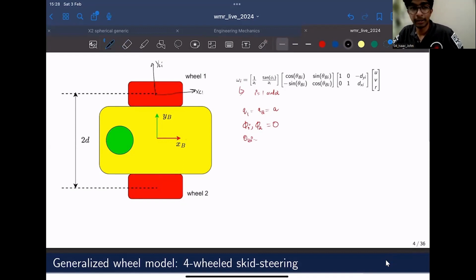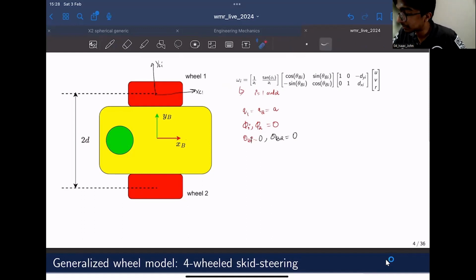Since there is no apparent orientational difference between the C1 axis and the B axis, theta B1 is essentially 0, and the same goes for theta B2. So theta B1 and theta B2 are both 0.